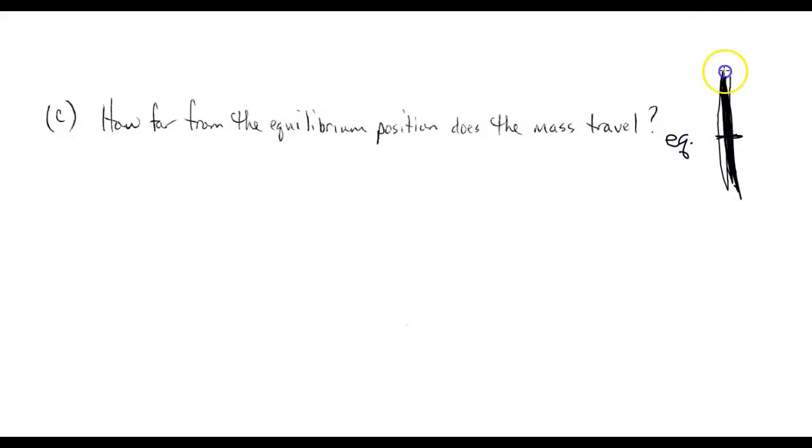When it gets to these extremes here and here, there's going to be a moment where the mass, just for an instant, is going to stop moving before it turns around and goes in the other direction. Same deal here. It is going to stop momentarily before it tries to go back down.